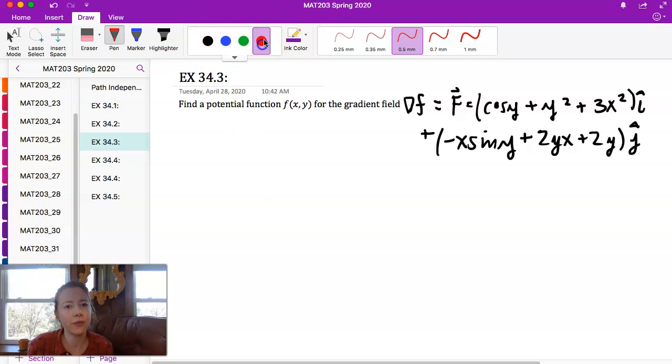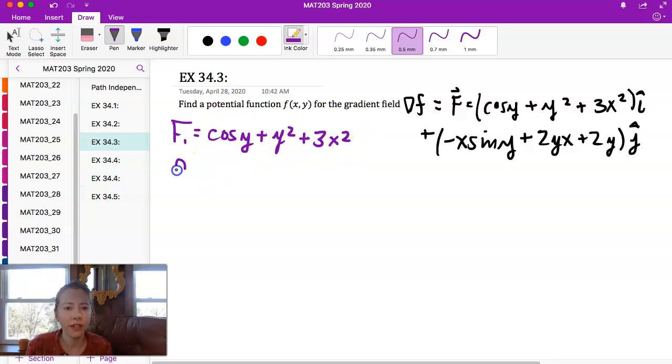So let's first set f1. Okay, so that's going to be cosine y plus y squared plus 3x squared.